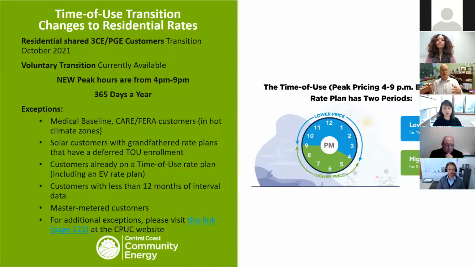It used to be that things like holidays and weekends were considered off-peak, but they're rolling them all together. And so 3CE is following suit. That transition for 3CE customers is going to occur in October. If you want, voluntarily, you can do that now. PG&E rolled out theirs in March, I believe.